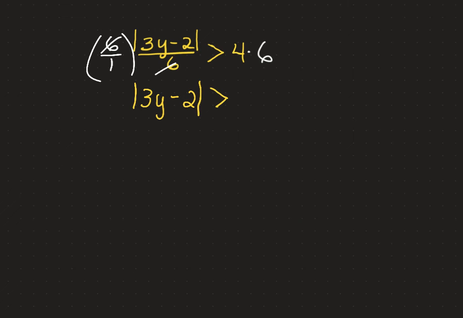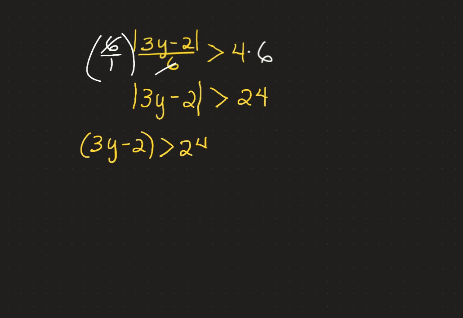So yes, we eventually have to be solving for y, but the first thing we have to do is isolate the absolute value on one side. And now that we've done that, we can deal with what's inside the absolute value. We have 3y minus 2 inside that absolute value.